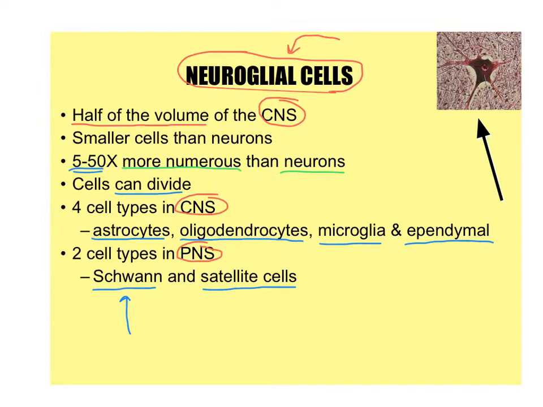I don't remember going over the role of satellite cells, but these guys are kind of similar. They enclose not the axon of the neuron, but make a sheath around the cell bodies of neurons in the peripheral nervous system, and help to regulate the environment around the cell bodies.